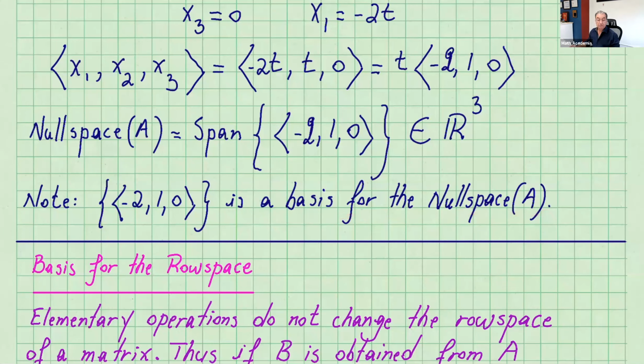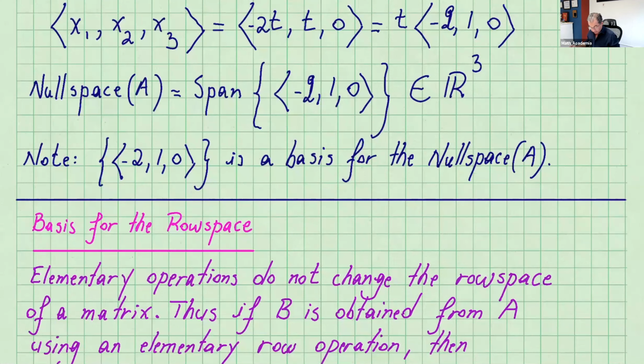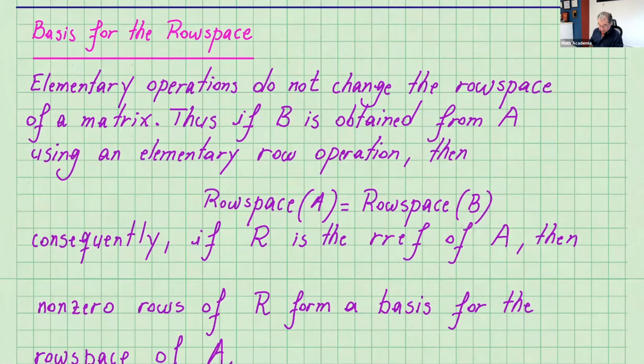So I put (-2, 1, 0) as a basis for the null space of A. Now let's do some more detailed work. Here we just, for this matrix, found a basis for the null space. Let's see how we can find a basis for the row space and the column space. Please pay attention to that. To find the basis for the row space, one thing you need to know: the elementary row operations do not change the row space of a matrix.